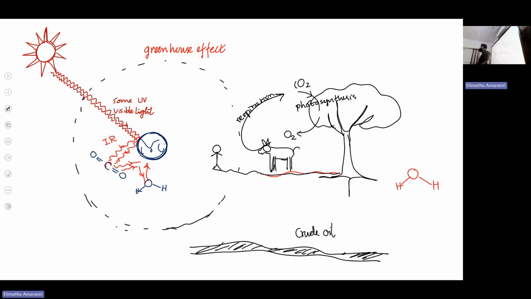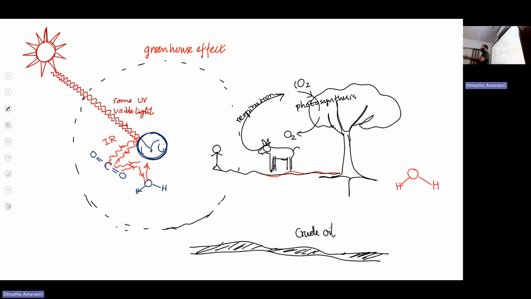Unless I am incinerated after my death, if I'm buried in the deep layers, then I'll become crude oil. But it takes thousands of years.